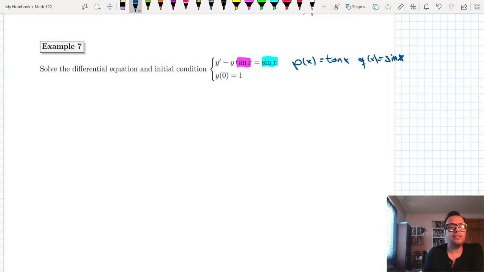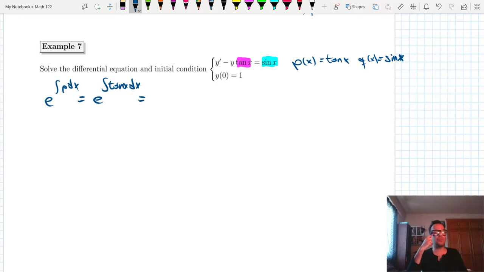So let's evaluate the e to the integral of p dx, which will be e to the integral of tangent x dx. And if we recall from the trigonometry chapter, it's actually negative tangent, right?